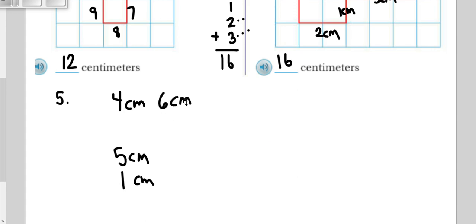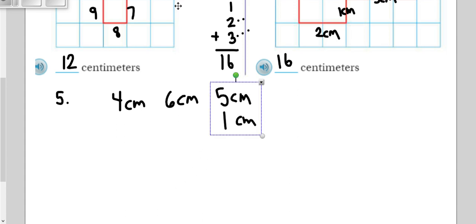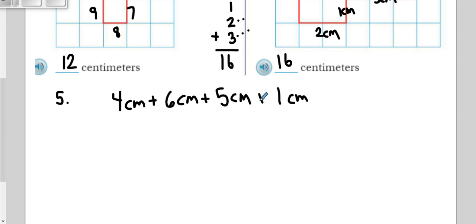Because all we are going to do is, again, imagine like that ant that traveled from one side to the other. You just line those distances up and add them up.